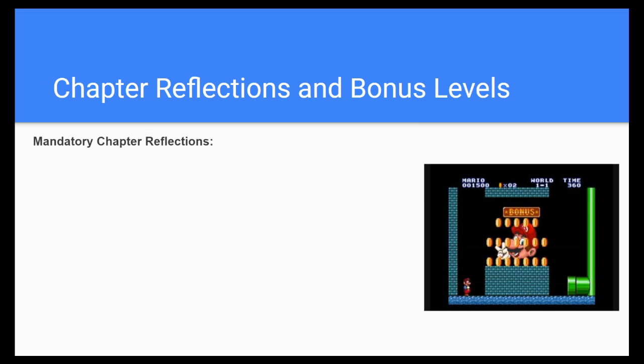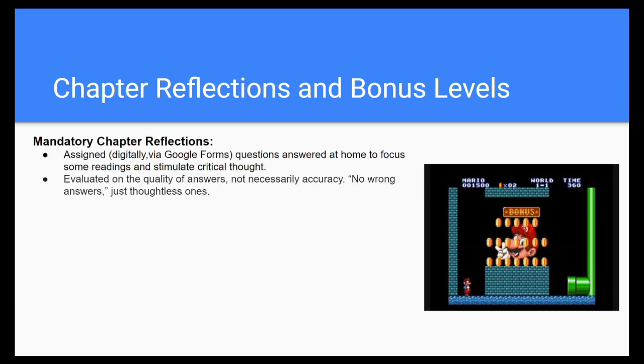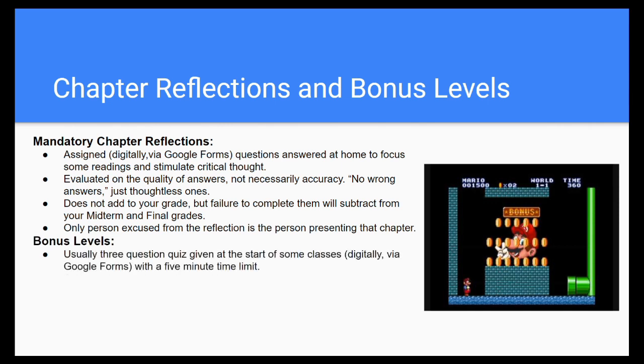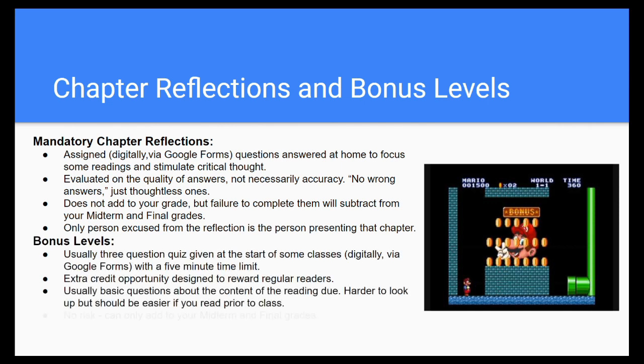So to help you in that focus around these chapters, there will be at times mandatory chapter reflections. They'll be assigned digitally via Google Forms, and they will be evaluated on the quality of your answers, not necessarily the accuracy. I like to say that there are no wrong answers, just thoughtless ones, because I'm not asking in these chapter reflections for you to give me the correct answer.